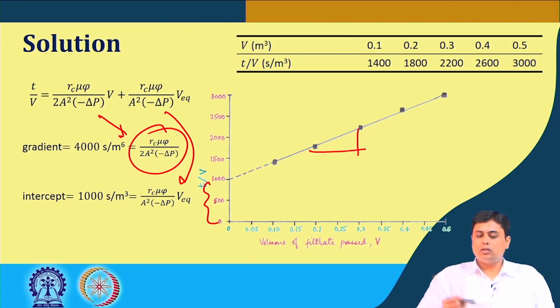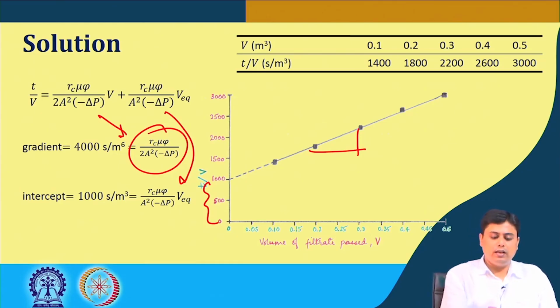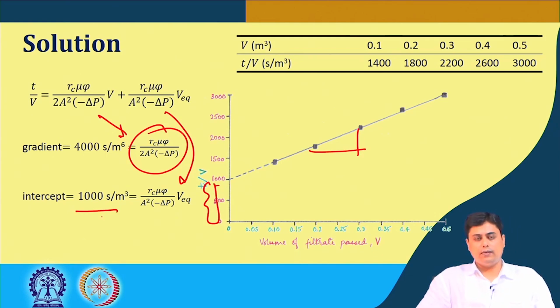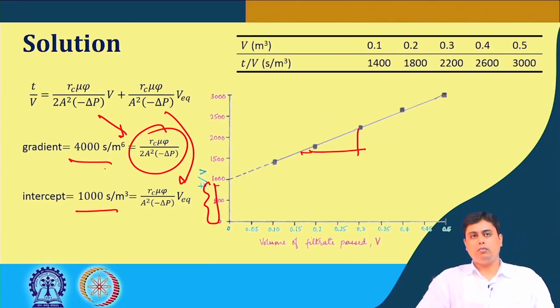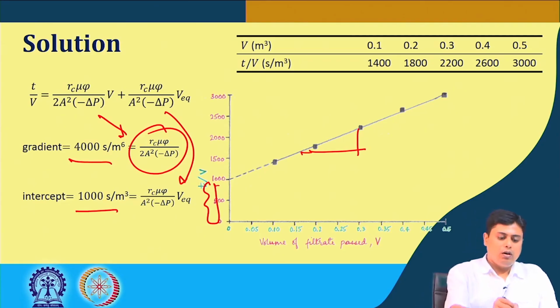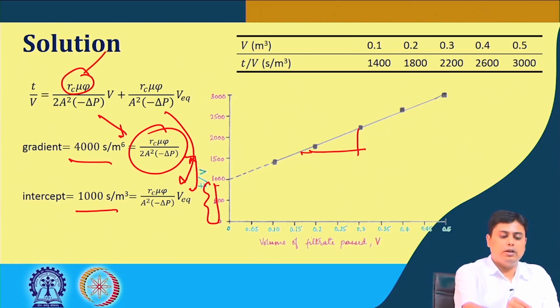The calculation shows that this intercept will cross at around 1000 second per meter cube, and the gradient would be 4000 second per meter to the power 6, which means now you have these two expressions to find out these two components that I mentioned.